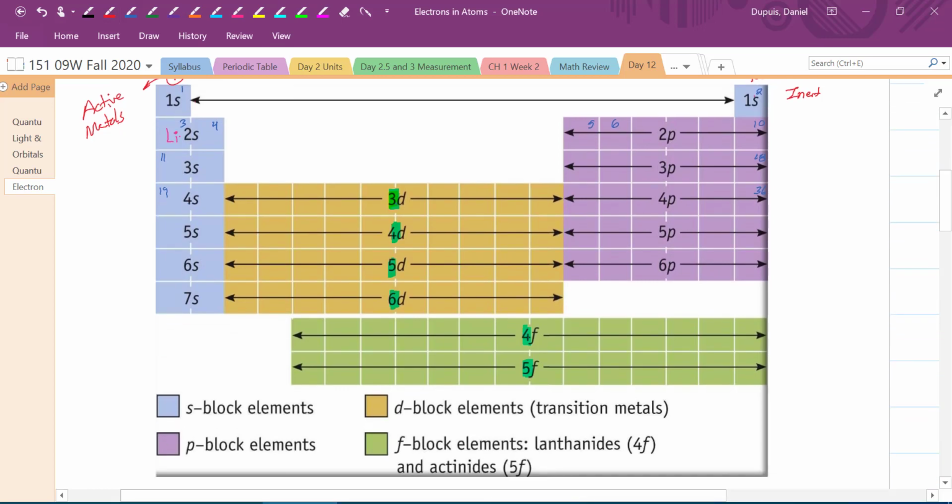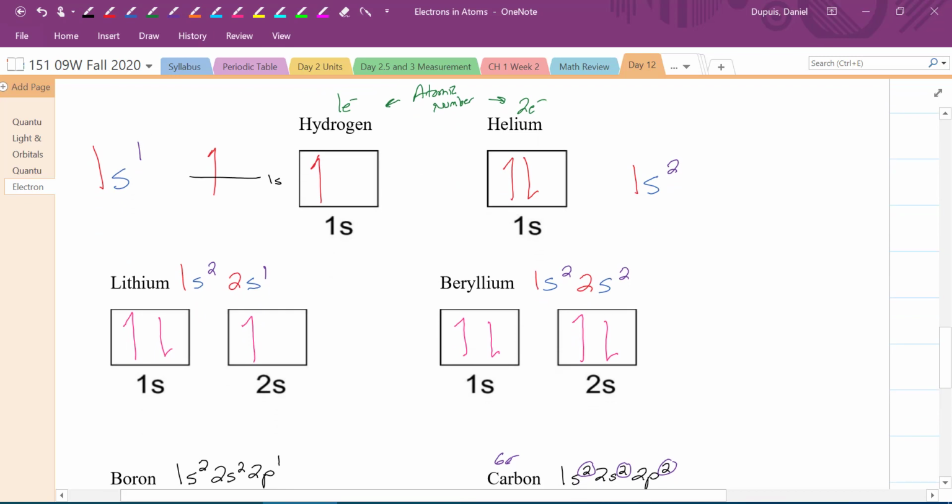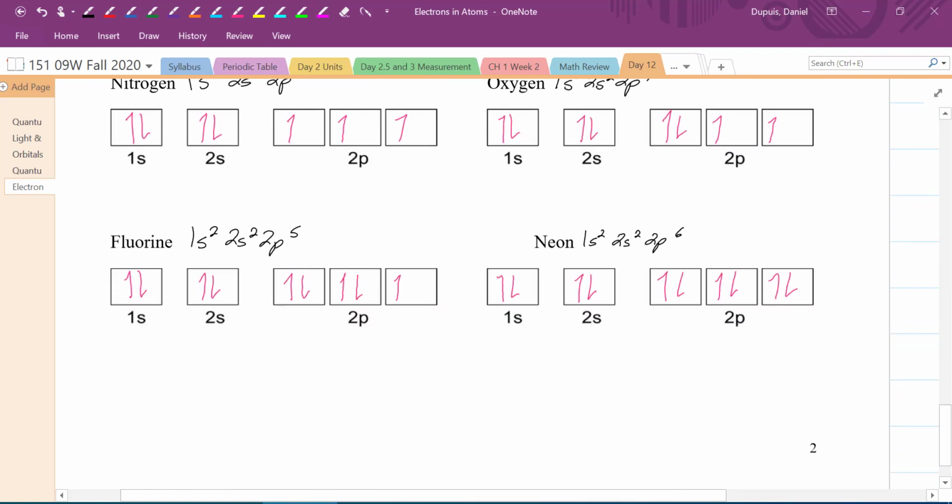So, how does our model help predict this behavior? Helium has n equals 1 full. Neon has n equals 1 and n equals 2, both full. So we have full orbitals.